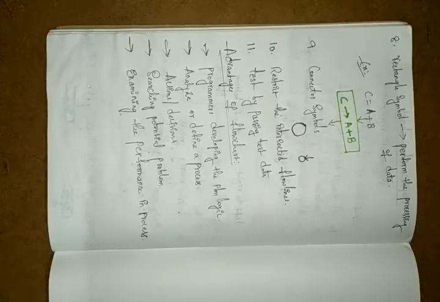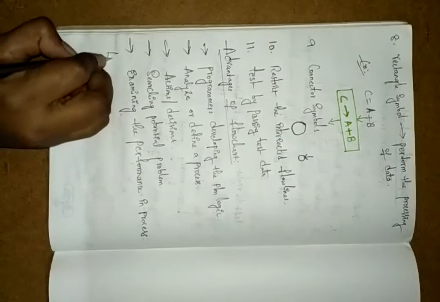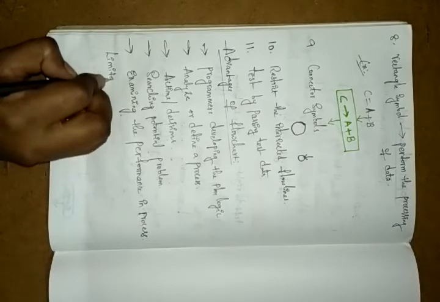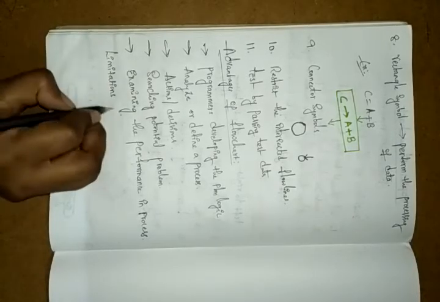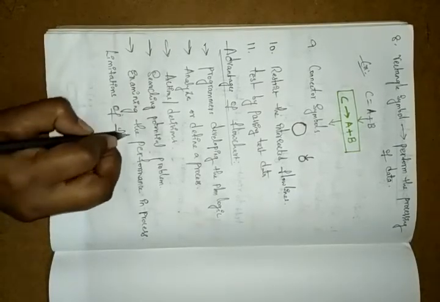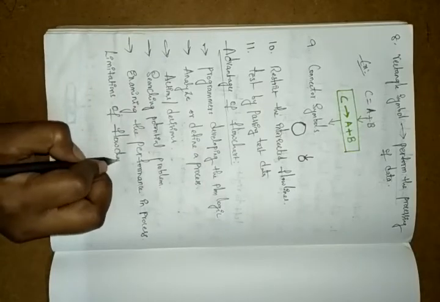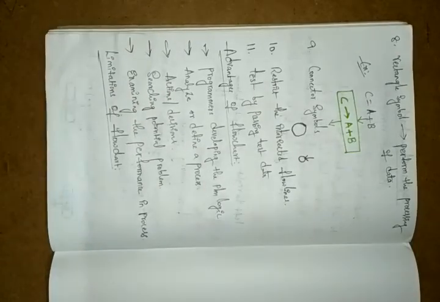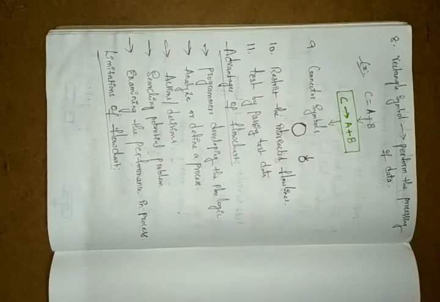Next we have another topic: the limitations of the flowchart. Here we have three limitations of the flowchart.